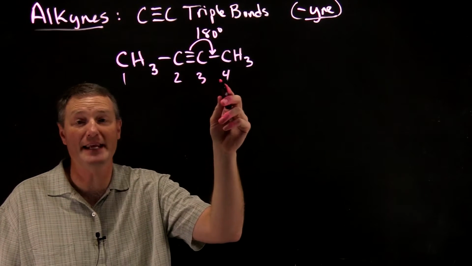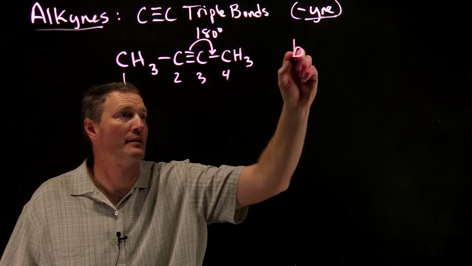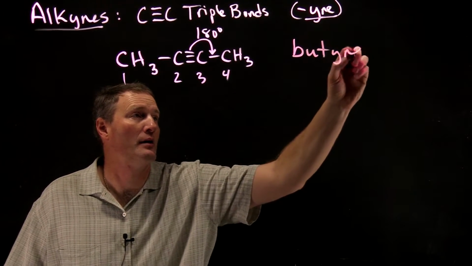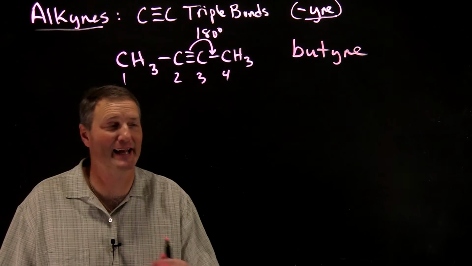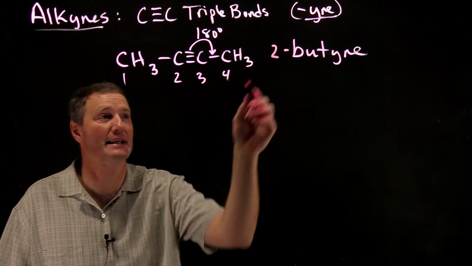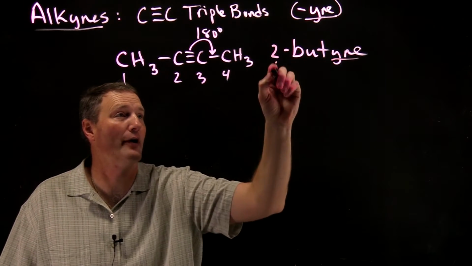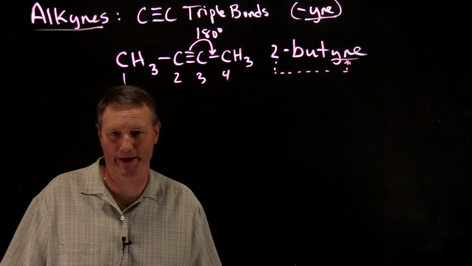This is a butane derivative, but we're going to change the -ane ending to -yne. So this is the compound called butyne. Again, not butane, but butyne. And we would need to put a 2 in front of this just to indicate the position of where the -yne, or the triple bond, was actually occurring.